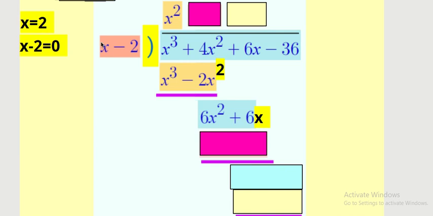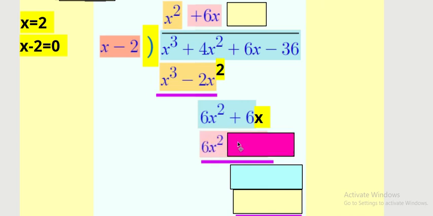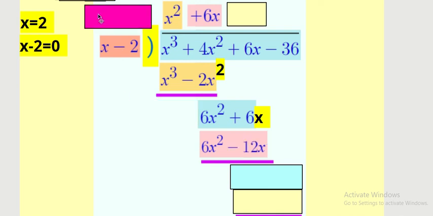And I say, how many x's are in 6x squared? So I'm going to multiply x by 6x. So 6x times x is 6x squared. 6x times negative 2 is negative 12x.